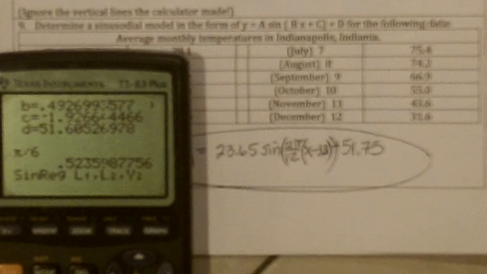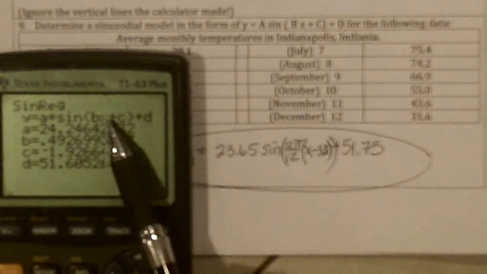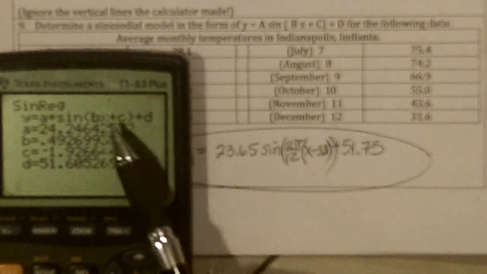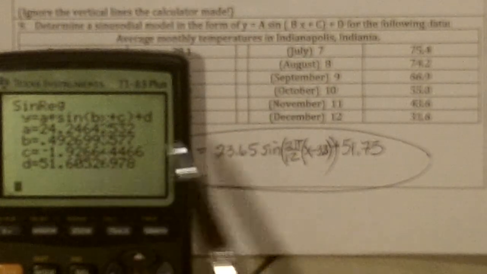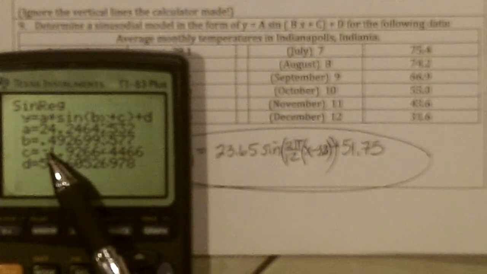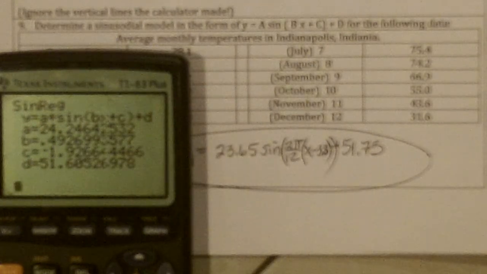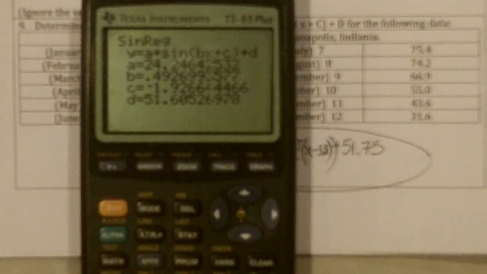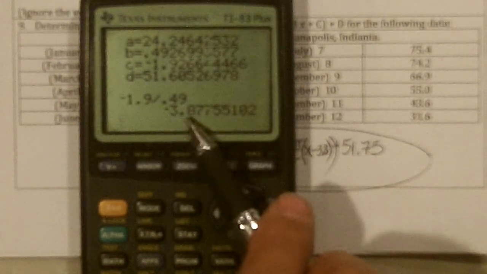It leaves it without the parentheses, so we would have to take our C divided by B to figure out what this number is. So we'd take negative 1.9 divided by 0.49, and it's saying the shift should be negative 3.87.